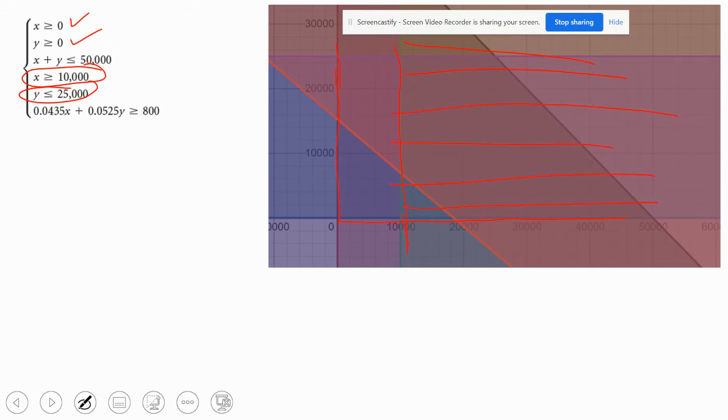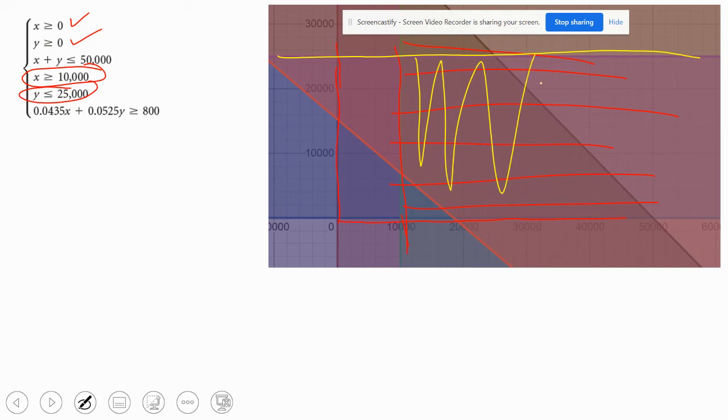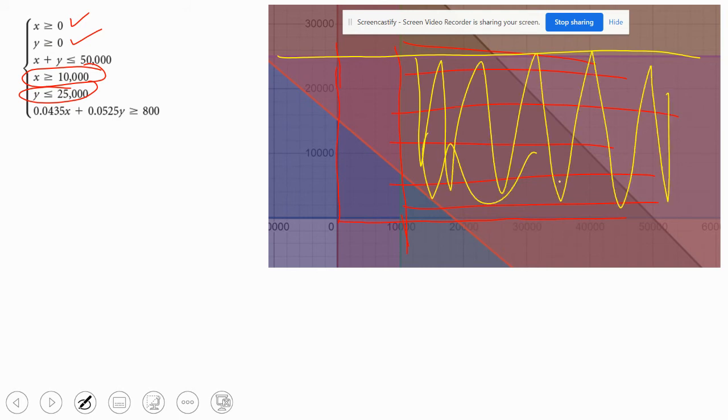Because x has to be at least 10,000, y has to be less than or equal to 25,000. So that's, let me get a different color. That's this line right here. So everything down. So our answer is in that crisscrossed area. And so then that's when these two graphs will show up and tell you what that answer is. Again, it would be a big mess if we had to graph this by hand. So you want to use technology.